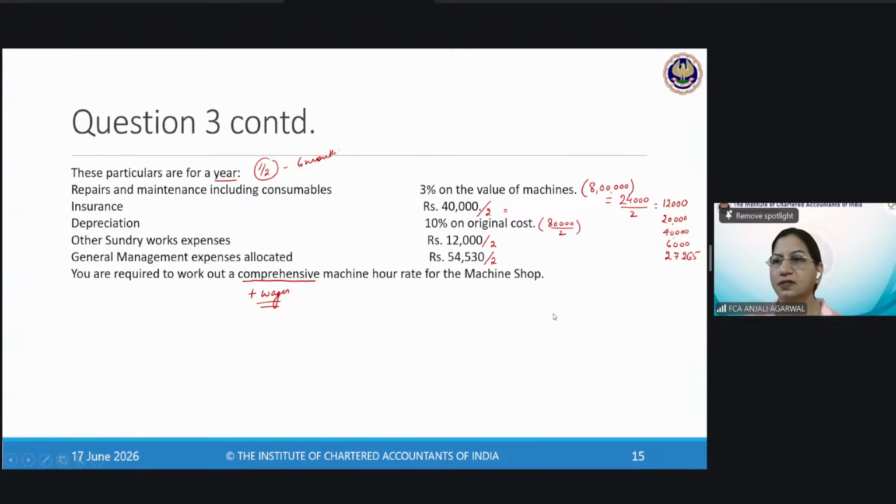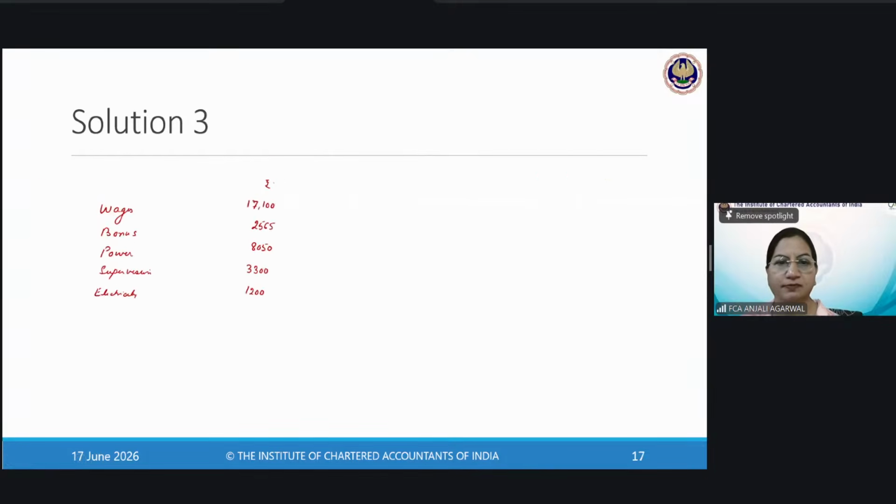Then repairs, 12,000. Insurance, 20,000. Depreciation, 40,000.